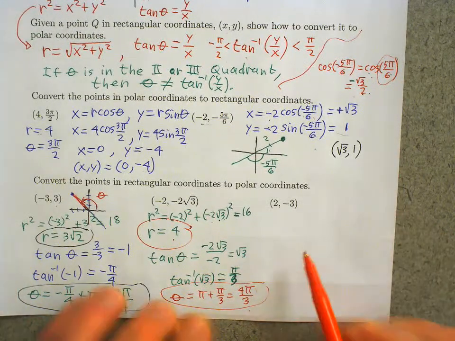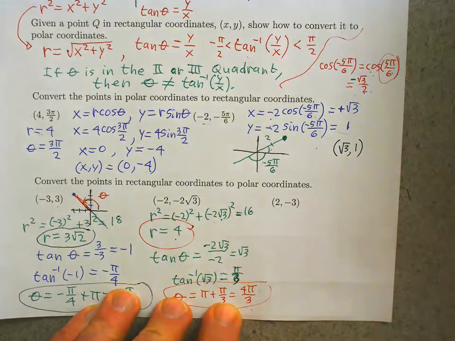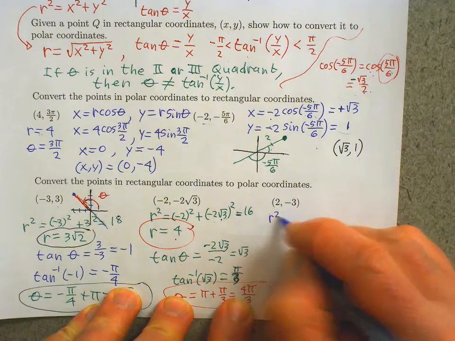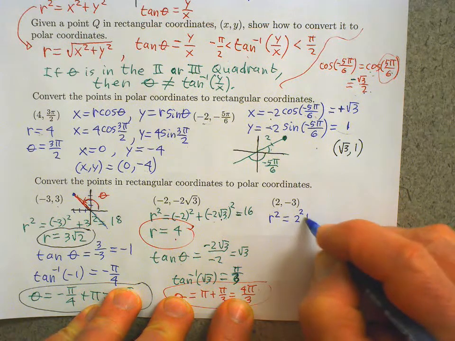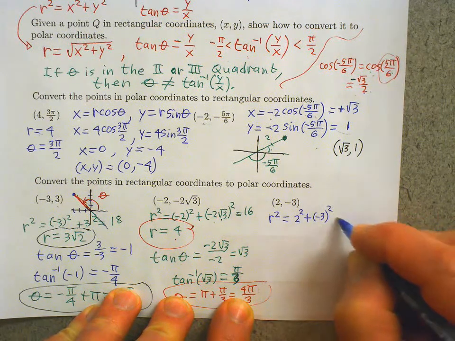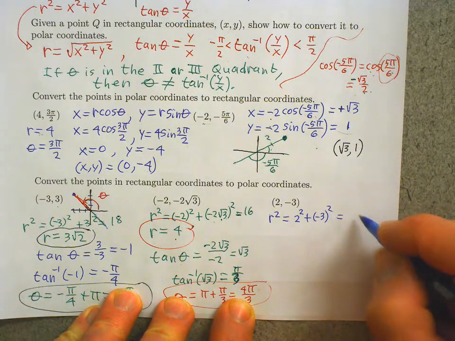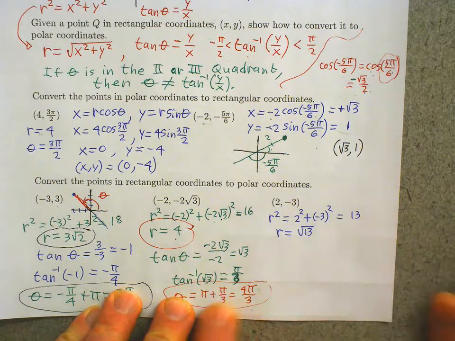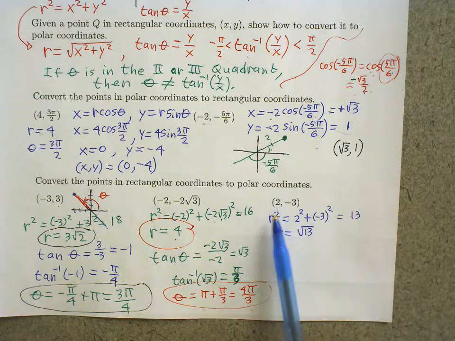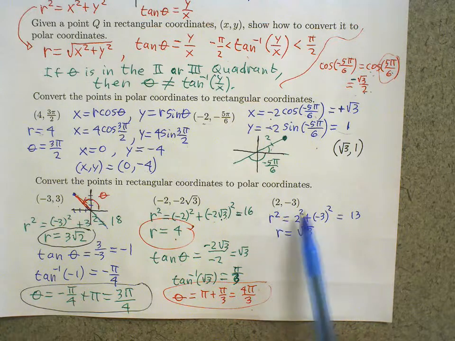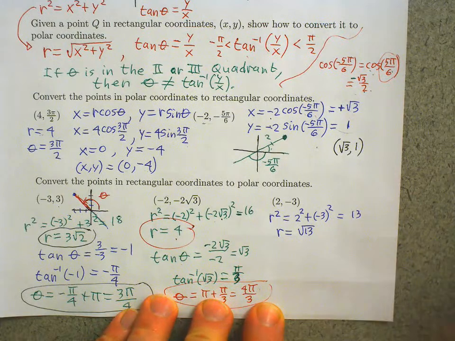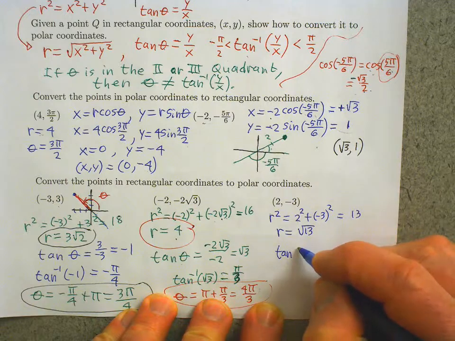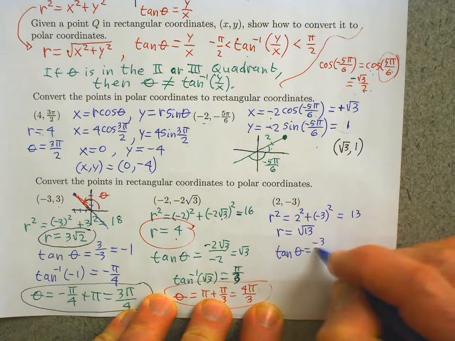Okay, the next one, x is 2, and y is -3, so r squared is 2 squared plus the number -3 squared, or 4 plus 9, or 13, and so r is the square root of 13. The given point in rectangular coordinates is in the fourth quadrant, and so the angle that we want, tangent of theta, is equal to -3 over 2.